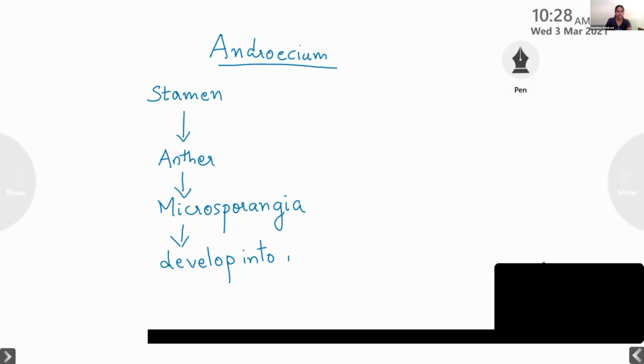They will gradually develop into pollen sacs. At the center of the microsporangium, you find a sporogenous tissue.